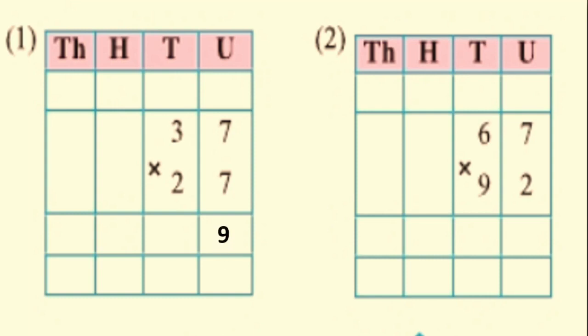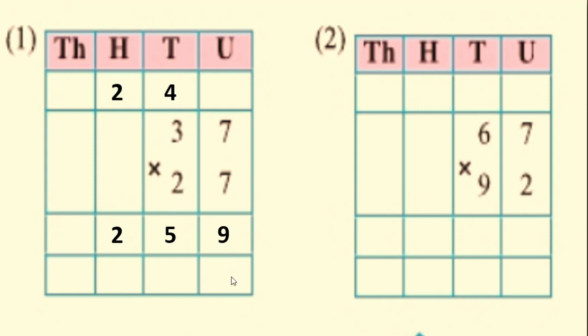So, 9 we will write here and 4 is carried over to the tens column. 3 sevens are 21. 21 plus 4, that is 25. So 5 will remain here and 2 is carried over to hundreds place. Now we will write 2 down. Now this is over. Now we will multiply 37 by 2 tens.